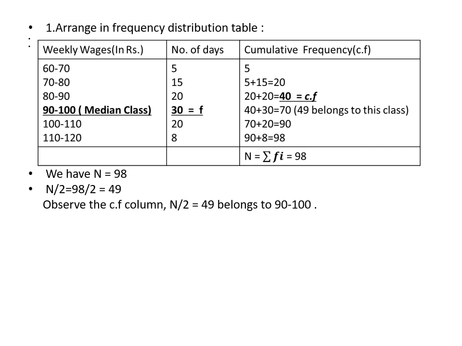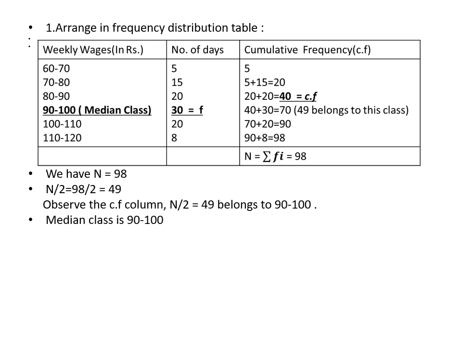Here n by 2, that is 49, the frequency belongs to the class 90 to 100, because up to the third class the cumulative frequency is 40, and after the fourth class the cumulative frequency is 70, meaning the 49th frequency belongs to the class with 70, that is the fourth class, 90 to 100. Therefore we consider that class as the median class.